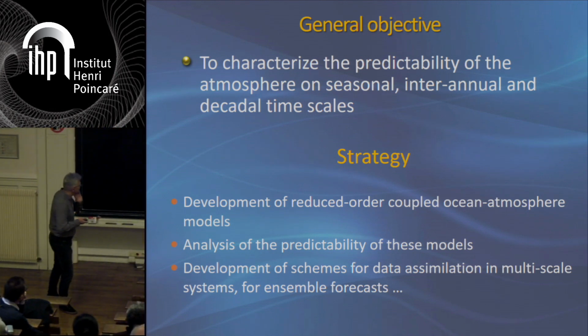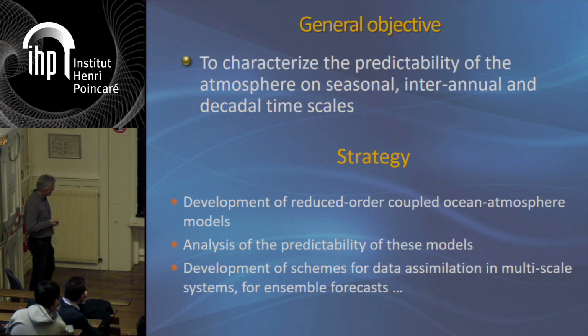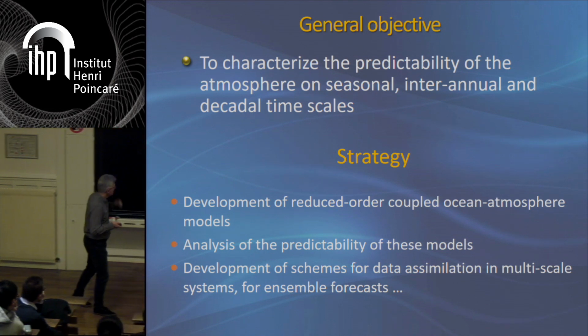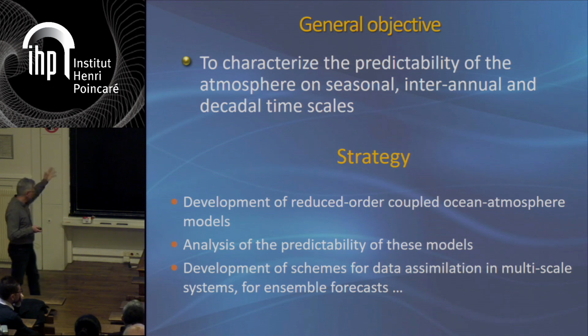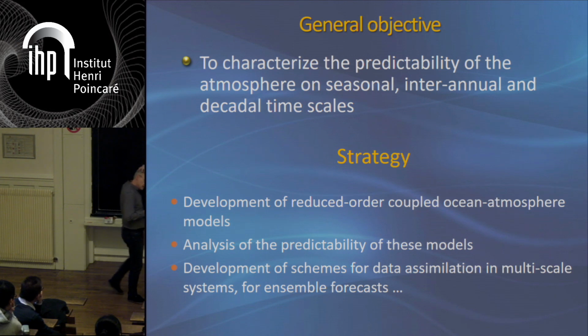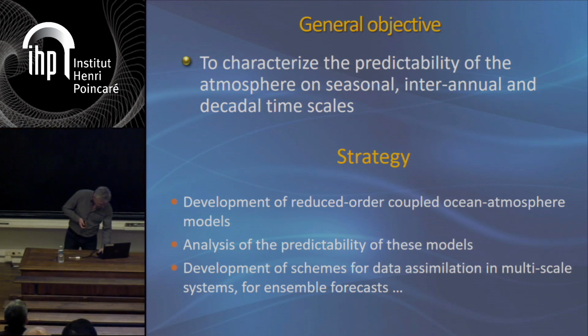And of course, as you saw yesterday afternoon, these models can also be used to test some data assimilation schemes. It was presented by Alberto yesterday, and also for ensemble forecast. Just to mention, we have got very interesting results recently on ensemble forecast in the context of coupled ocean atmospheric models, but I will not speak about that today.